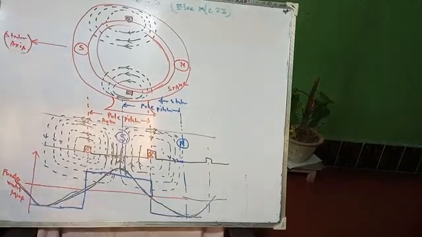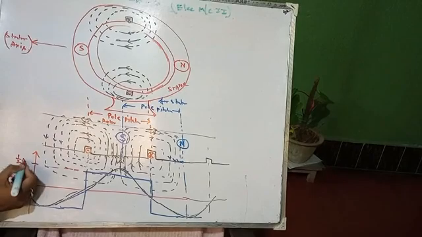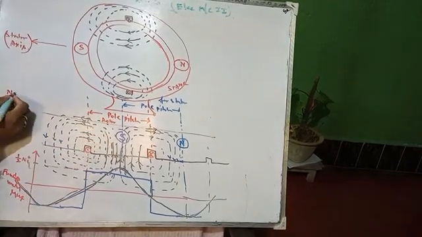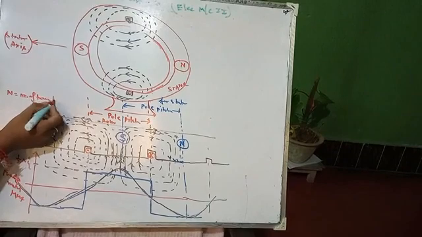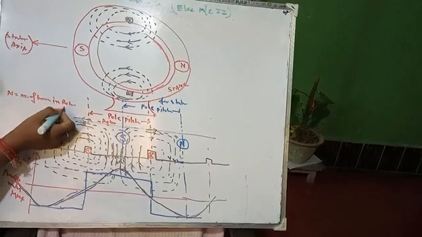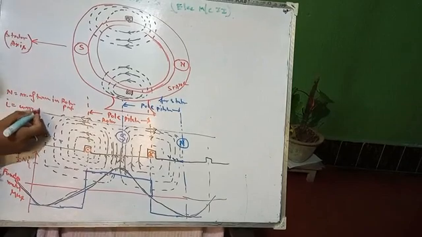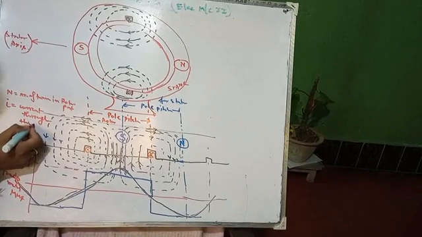Okay, so this flux looks like AC, sinusoidal in nature. How much is the magnitude over here? This magnitude is half of N into I, where I is the current flowing through this rotor conductor, N equals the number of turns in the rotor part, and I equals the current through the rotor.